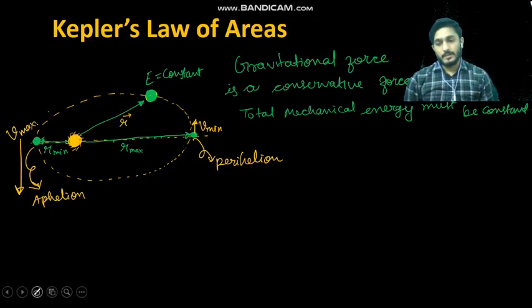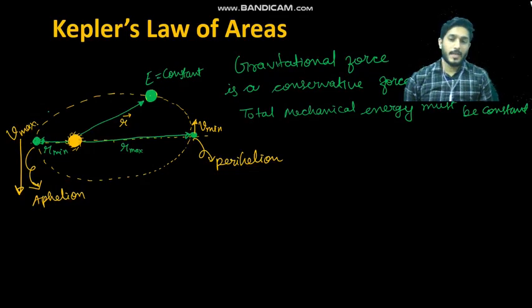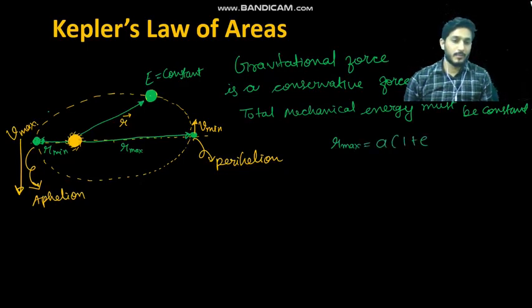And let me write the expression for r minimum and r maximum also. As we know from the first law, the farthest separation of the planet from the sun is given by r max equals a into 1 plus e, and the minimum separation is given by a into 1 minus e. It's simple.